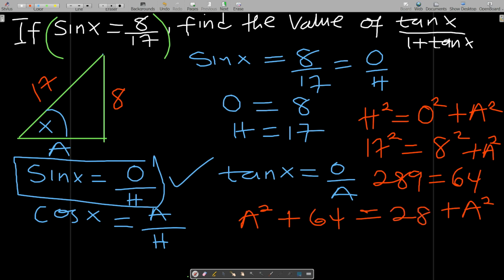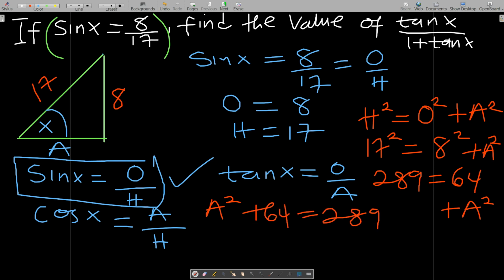Let me write it somewhere for you so that you see it clearly. We are saying that a squared plus 64 is equal to 289. This is what we have.